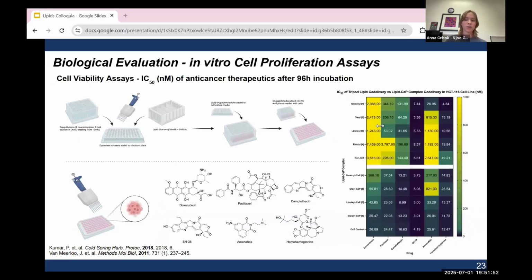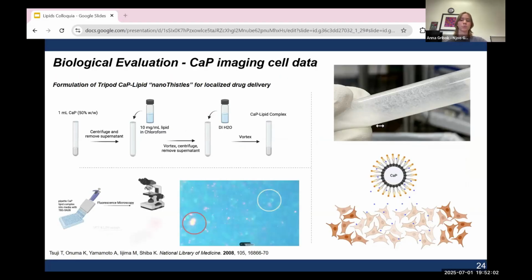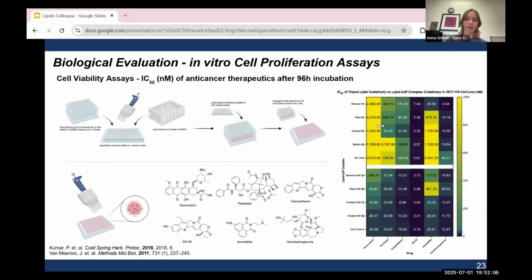After finishing formulating the CaP lipid complex, we wanted to evaluate whether the presence of nanoparticles would decrease cell viability compared to the presence of the tripod lipid.